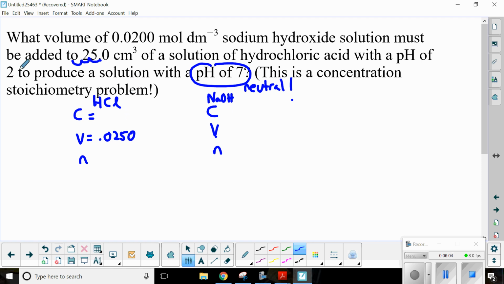So if I know I've got a pH of 2, I know that I've got a concentration of hydrogen ions that's going to be 10 to the negative second moles per liter. So I do know a concentration here. Likewise, on this side here, I've got sodium hydroxide that has this concentration. And I'm looking for volume. And now my common denominator here is moles.